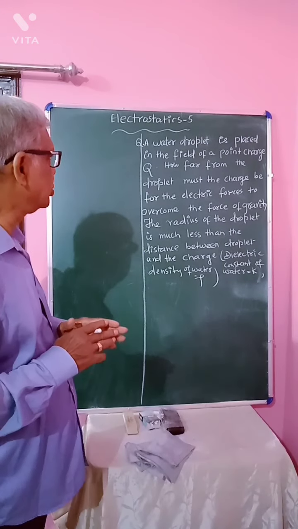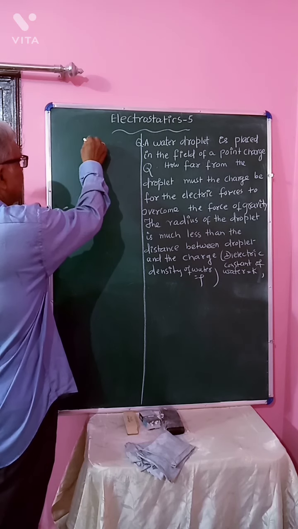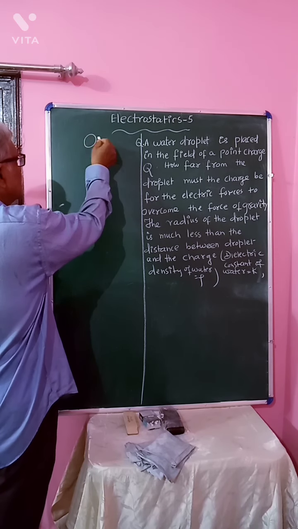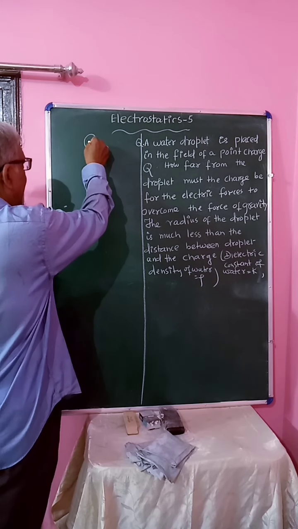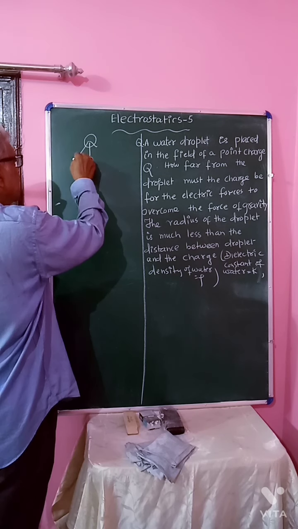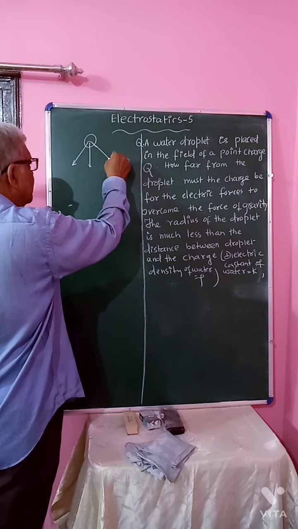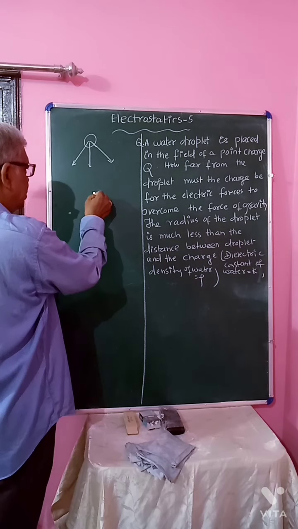Let us discuss. Now, a charged particle Q produces an electric field. Now, in the electric field of this charge, we have a water droplet.